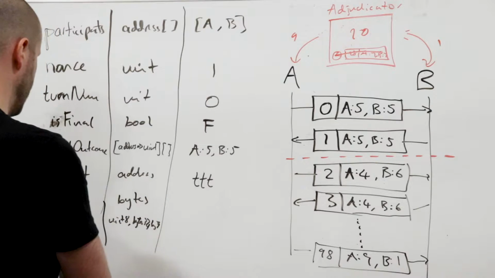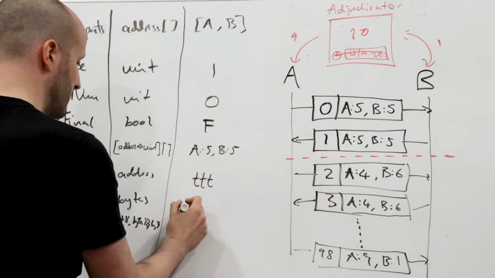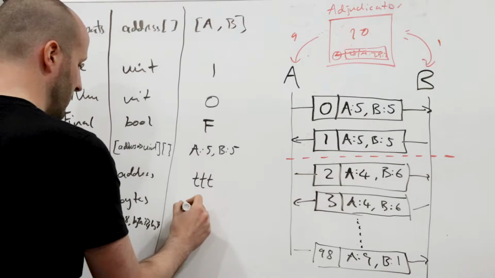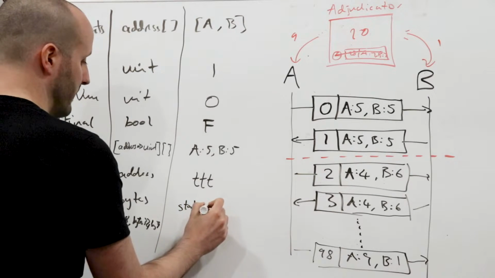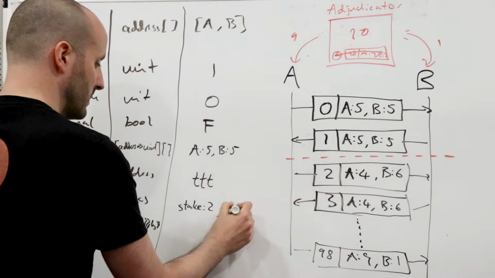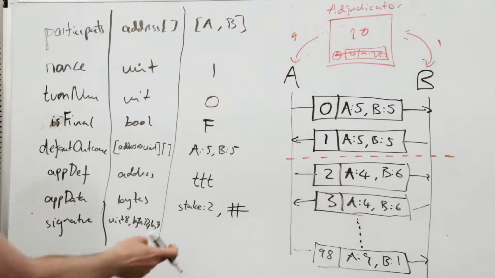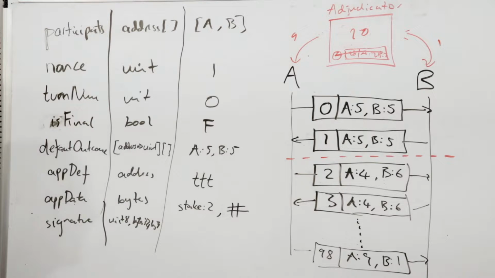And then this app data is going to be the format that you need for tic-tac-toe. So it's probably going to be like a stake, and maybe we're going to pay for 2 coins. And it's going to be the current state of the board, maybe. And then the signature is just Alice's signature or Bob's signature. So this is it. This is the state format.